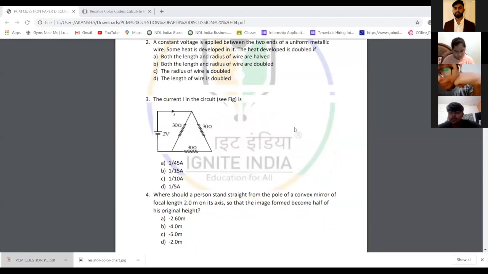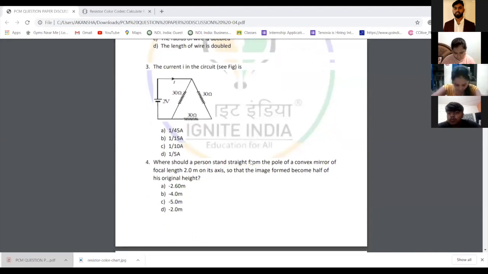Would anybody explain to me how that is? Yes, ma'am. Yeah, tell me. Here the 30 ohm resistors on the two sides of the triangle formed are in series connection, so they combine to become R1 plus R2, which gives 60 ohms. Very good. The 60 ohm resistance is parallelly connected to the other 30 ohm resistor.